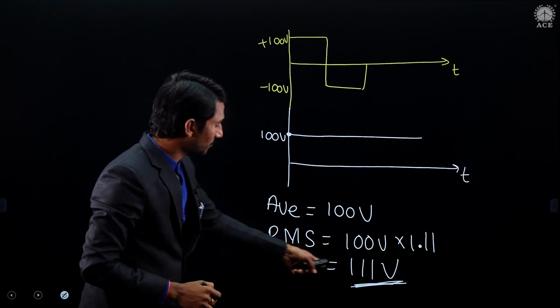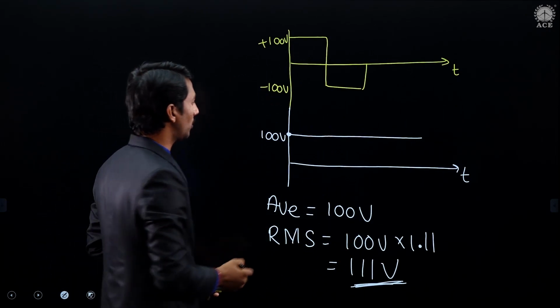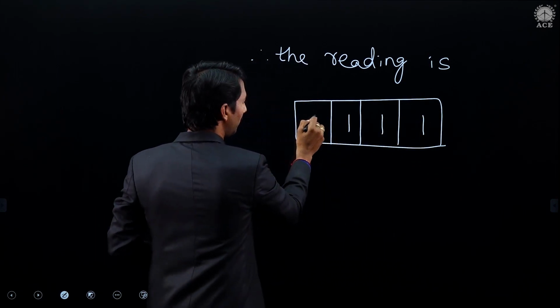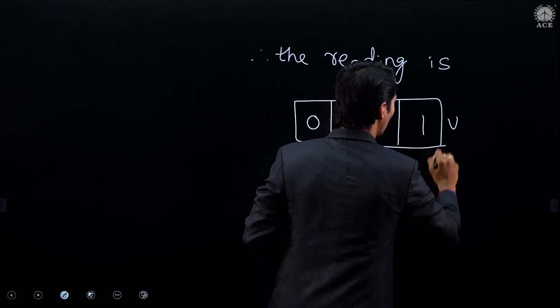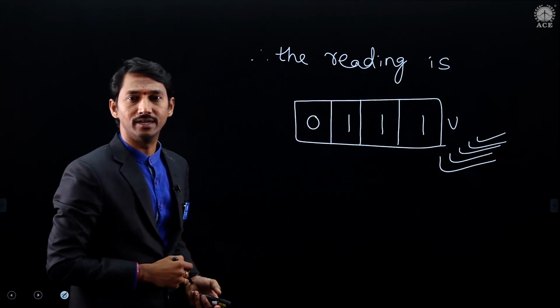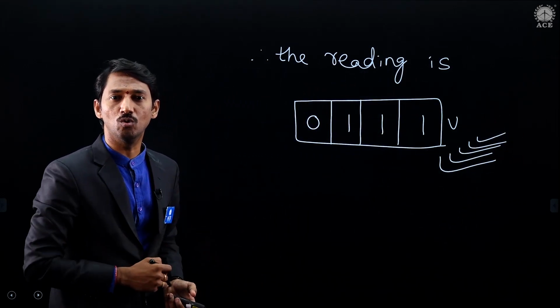What is the value? 111 volt. So automatically, what will be there? 1, 1, 1. Here it will be 0. So many volt. In this way, the corresponding value will be displayed. So the answer is 0, 111 volt.